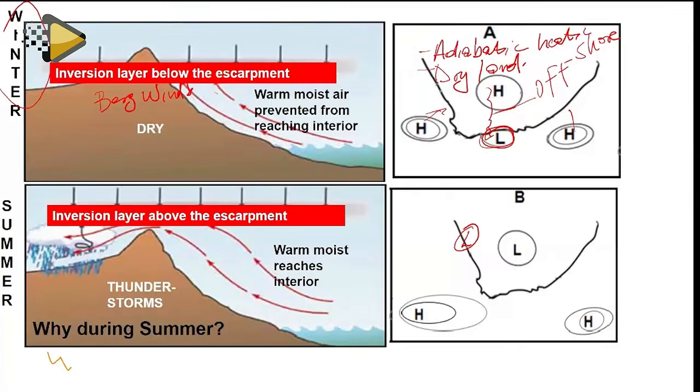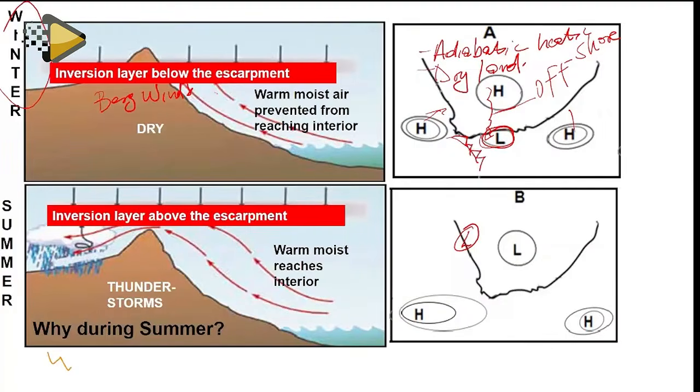So when you see a coastal low in the west, you must know that the season there is summer, because they develop in summer on the west side, and they move towards the east during winter. And then sometimes you'll also get what you call a cold front here.